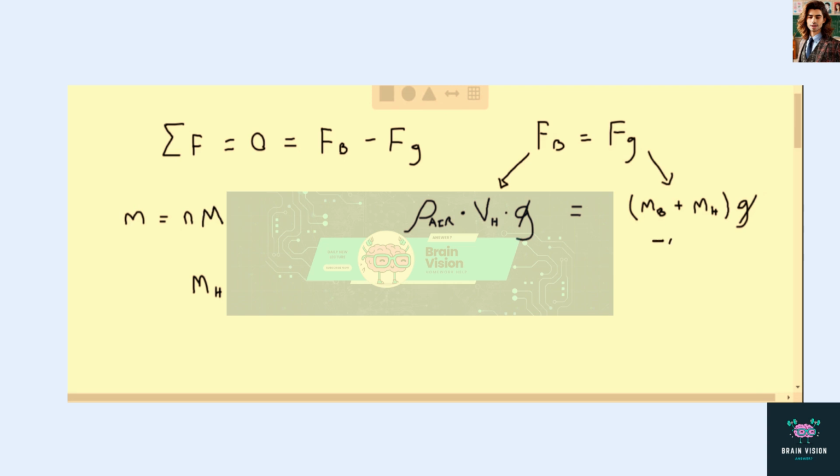So if we subtract m_b from both sides here, we'll isolate the mass of helium. So the mass of helium is density of air times the volume of the helium minus the mass of our balloon.